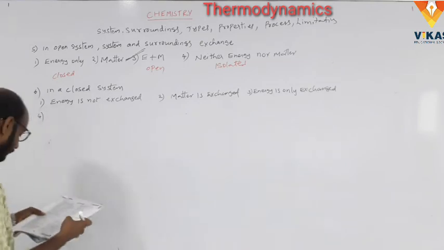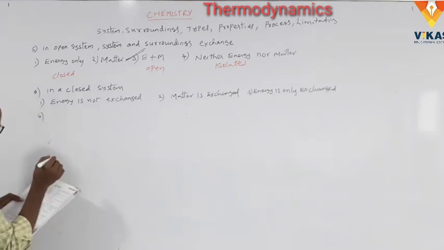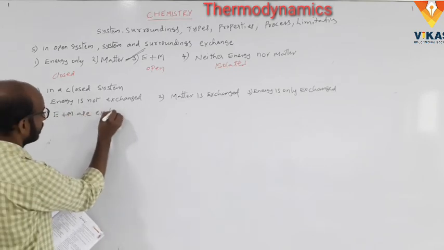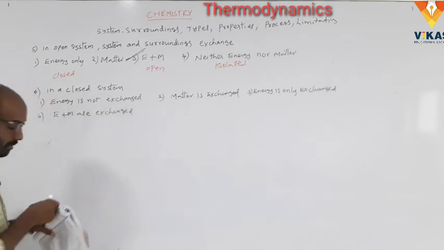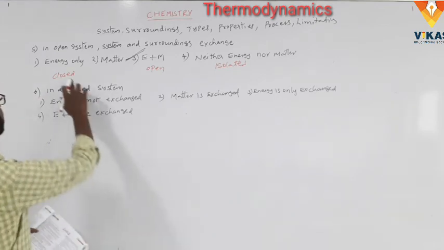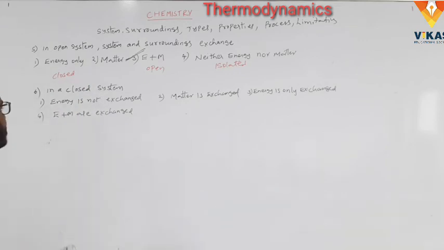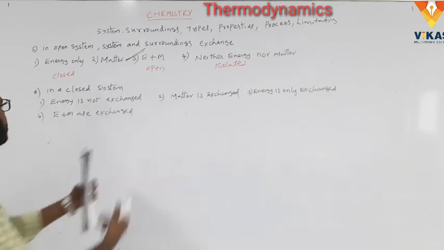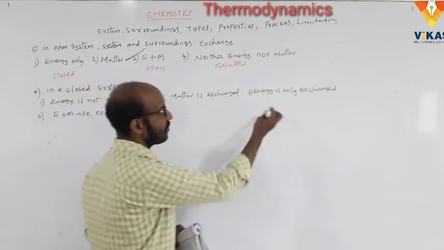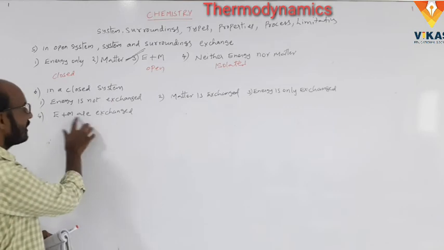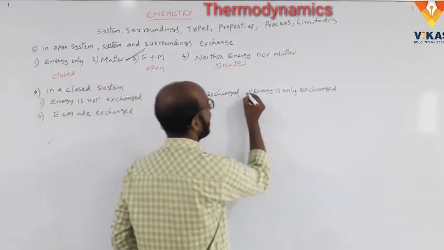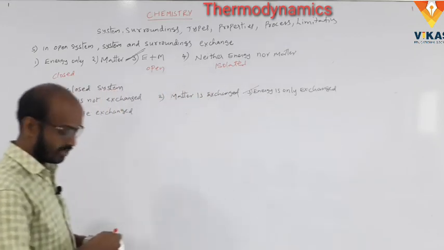Number 4, energy and matter are exchanged. Okay, so in closed system, only energy is exchanged. So the answer is energy is only exchanged. Okay, next one.